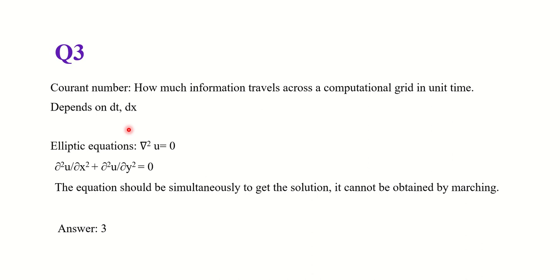Whereas if we take a very small grid size, we can make the profile correct. That is what is decided by Quran number, like how much information or temperature can travel across a computational grid over a unit time. Therefore, it depends on dt, that is unit time, as well as dx, the grid size.